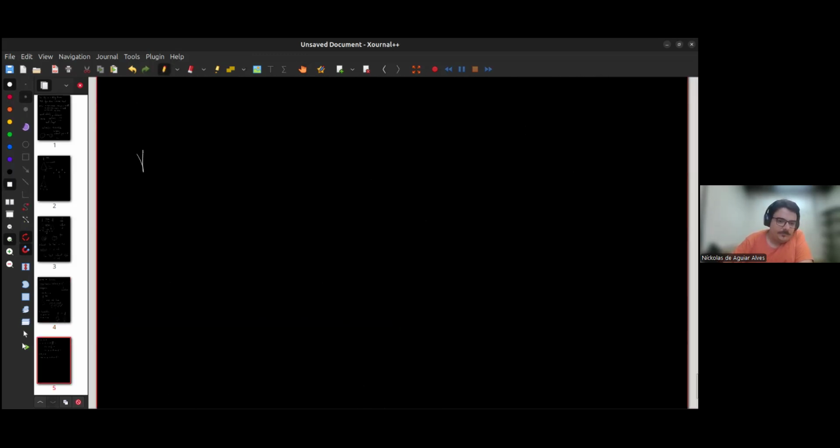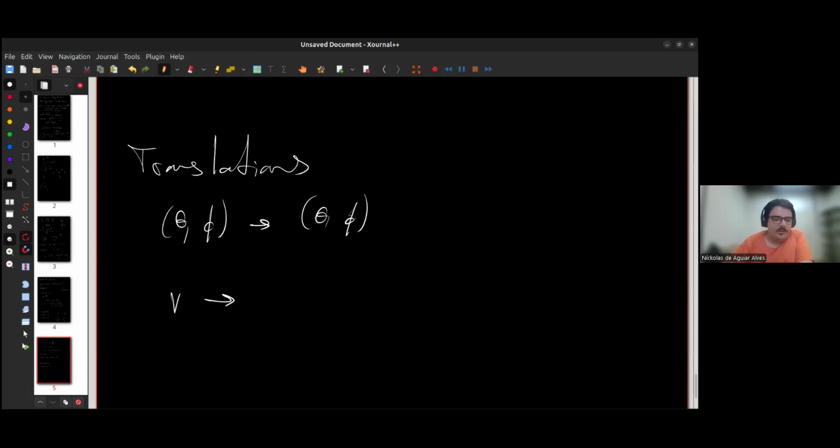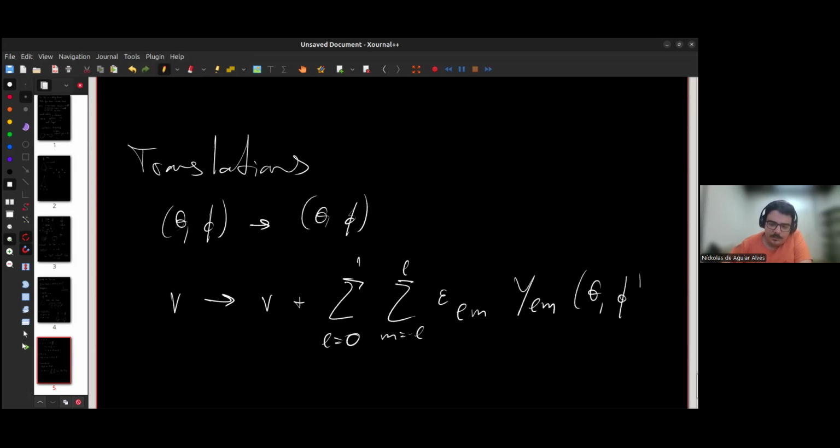In other words, translations will act on infinity according to the following rules. You just map the angles to the very same angles, you don't change them. While you do change the constant advanced time along your light cone, and it is going to look like the following. You're going to have something like this, plus minus L, where this Y_LM is a spherical harmonic.